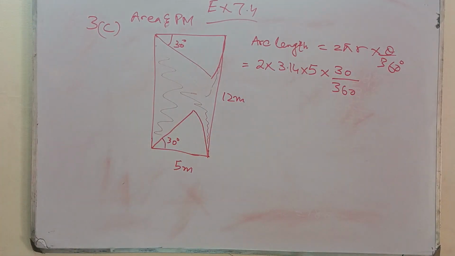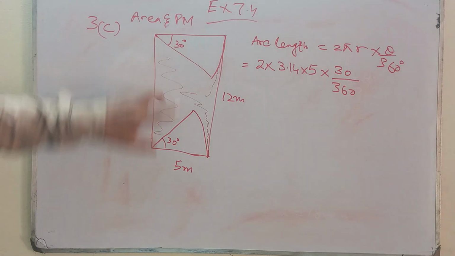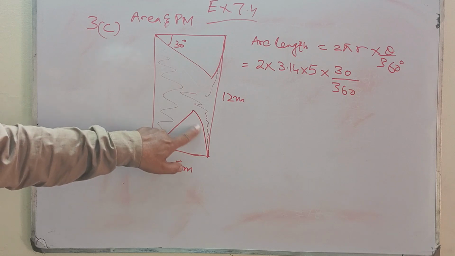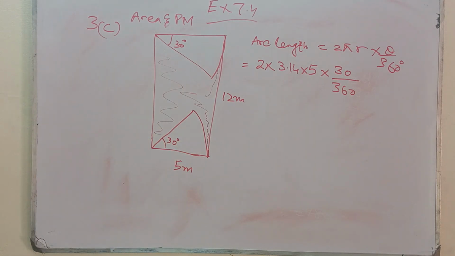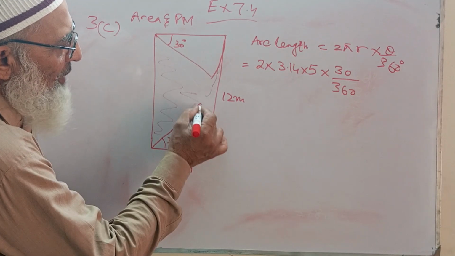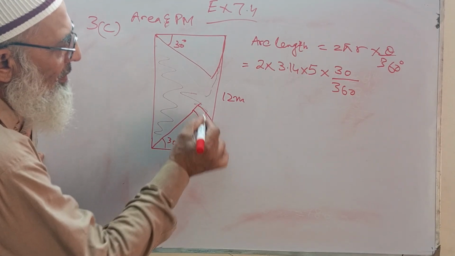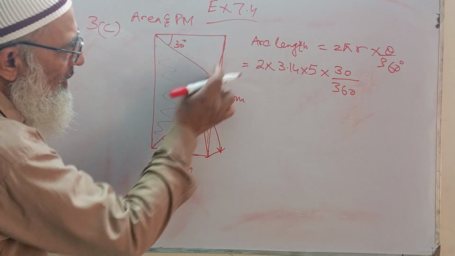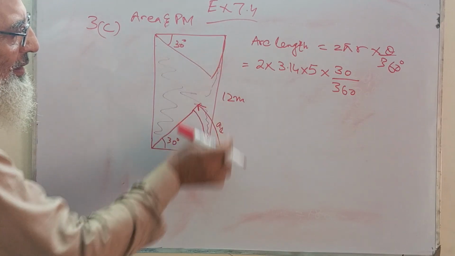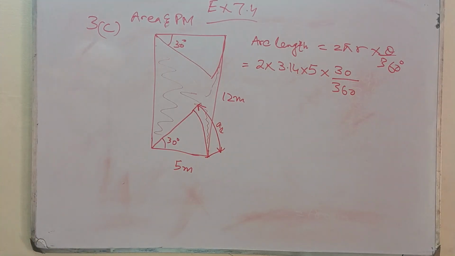Wow. So what is the difficulty in this? We have come to know the arc length of this one, the circular path of both. This is also the arc length, this is the radius.